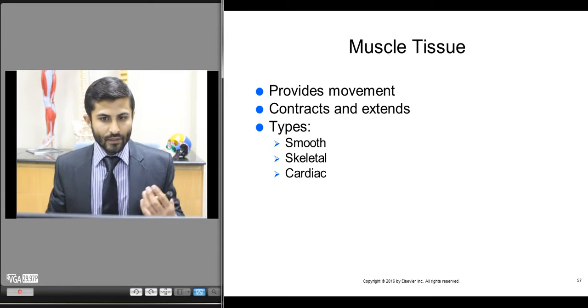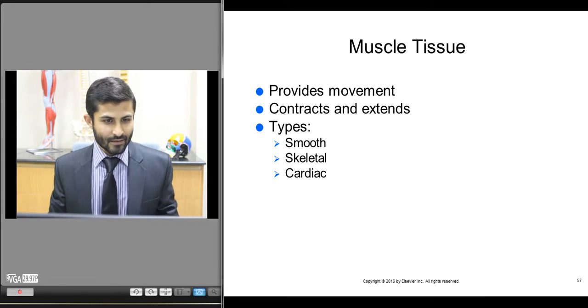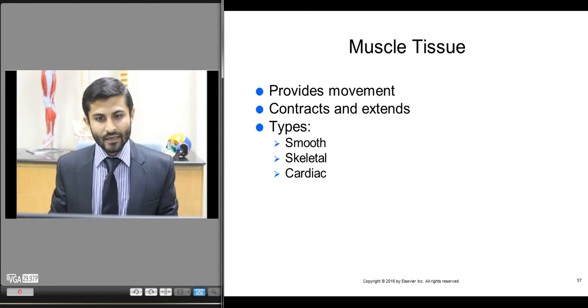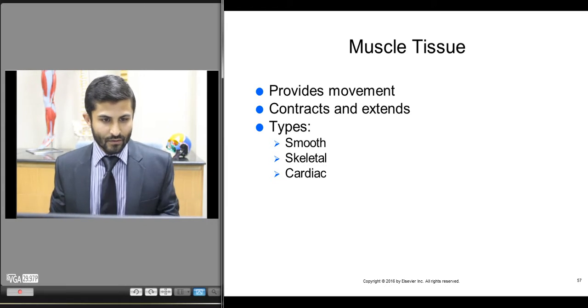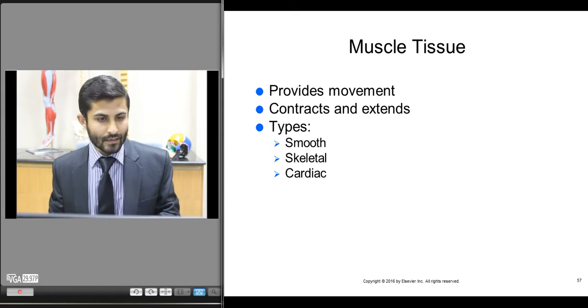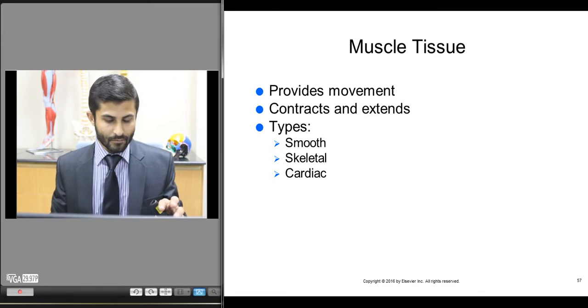The muscular tissue provides movement. Definitely the muscles contract and extend. It's a very basic concept. I think a layman knows that a muscle can contract and relax. We classify all the muscular tissue of the body into smooth, skeletal, and cardiac tissue. The cardiac muscle is wholly and solely present in the cardiovascular system.